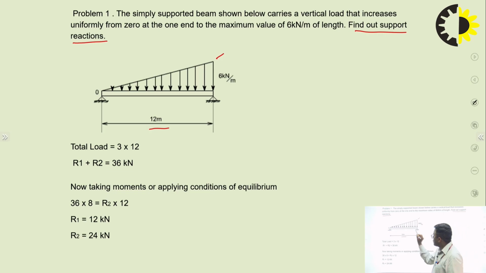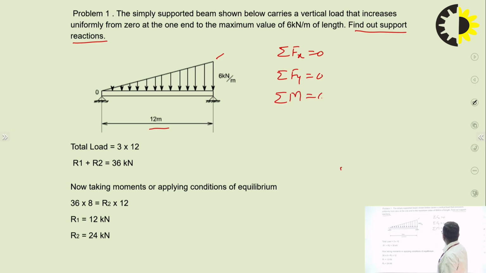So, which type of force system is it? For the two-dimensional force analysis, if I have to analyze this problem, then I have to deal with three equations: sigma Fx equal to 0, sigma Fy equal to 0, and sigma M equal to 0.